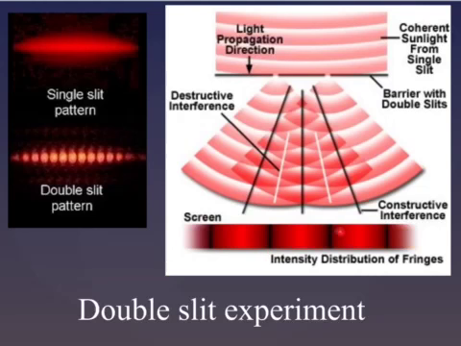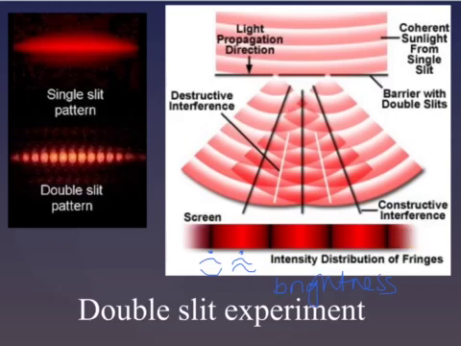It happens because the waves overlap. At the dark fringe, the waves cancel out, and at the bright fringe, the waves add up in the same direction. So the interference changes the brightness of the light.